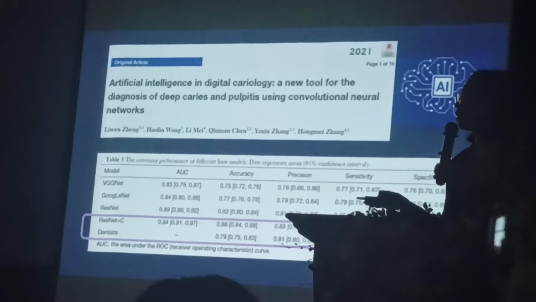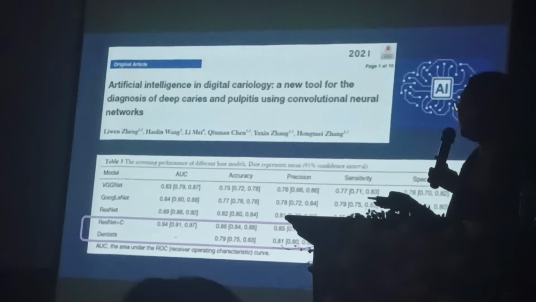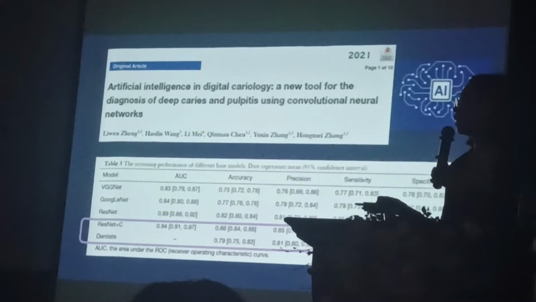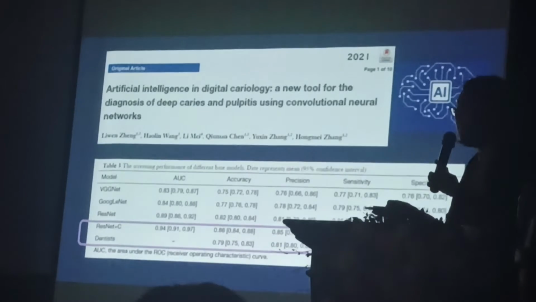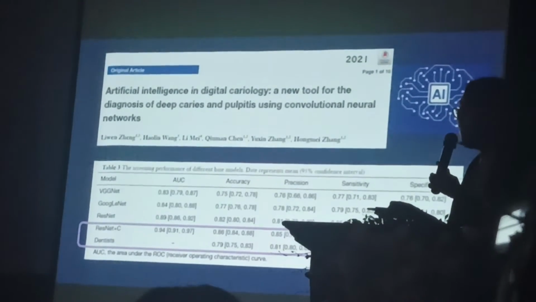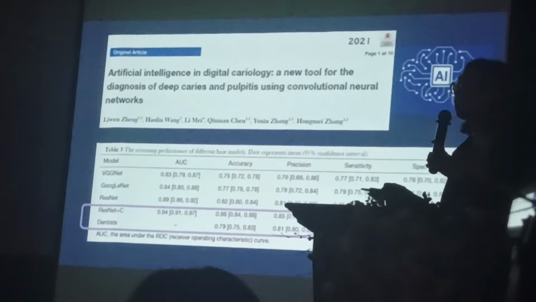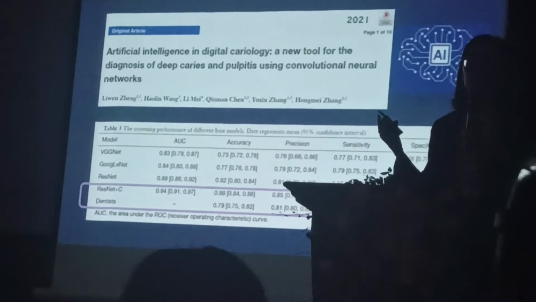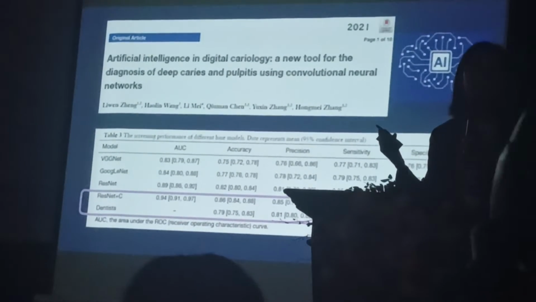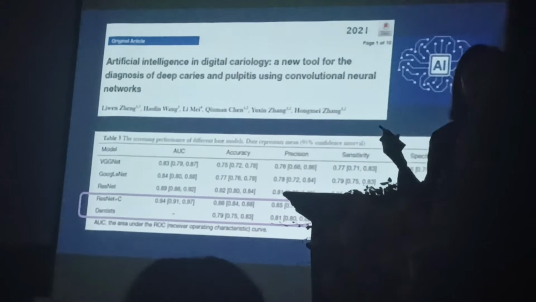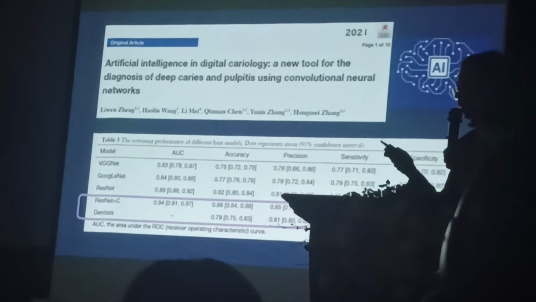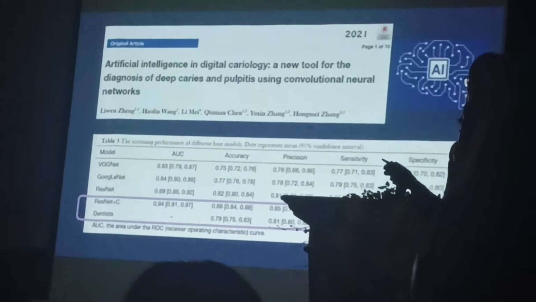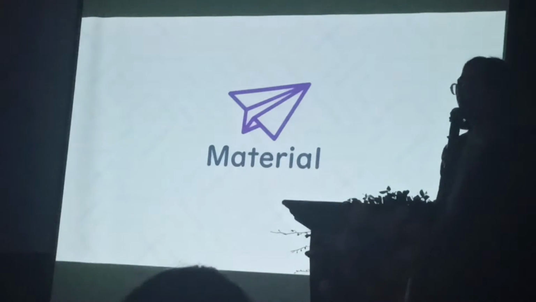You can see right here one of the models, the ResNet plus C, they have better accuracy, precision, sensitivity, and specificity compared to dentists. Because like I said earlier, there's something that maybe we cannot do, but a computer can. So this is an area that in the future will come.